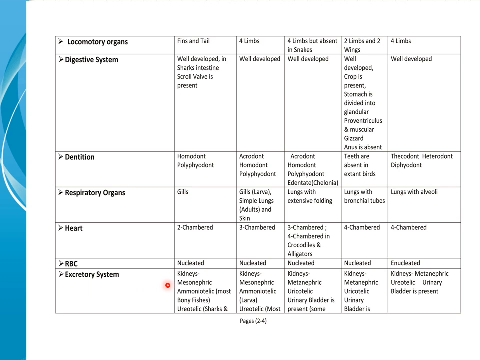The excretory system of all the four classes of subphylum Vertebrata has kidneys as their excretory organ. The type of kidney may vary. In fishes and amphibia, the type of kidneys are mesonephric, whereas in reptiles, birds and mammals, they are metanephric. And this classification is based on the development of the kidneys in the embryonic stages.